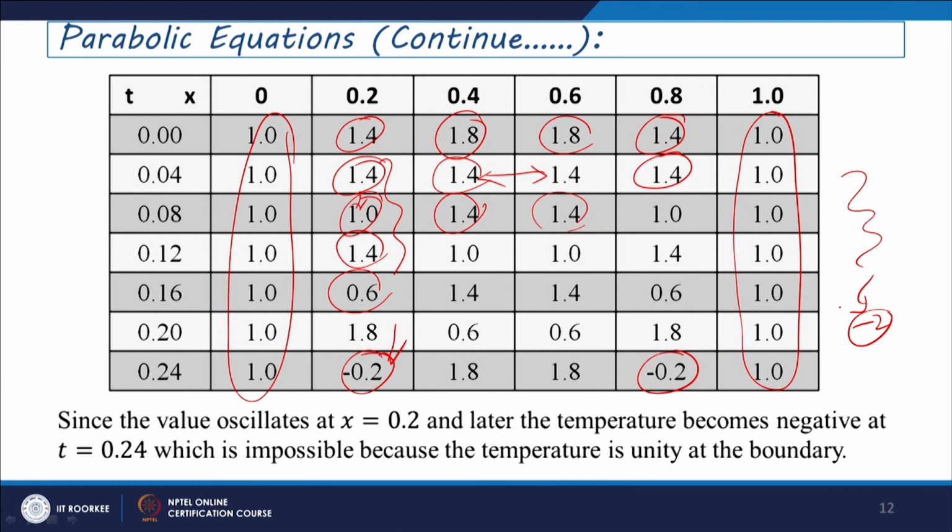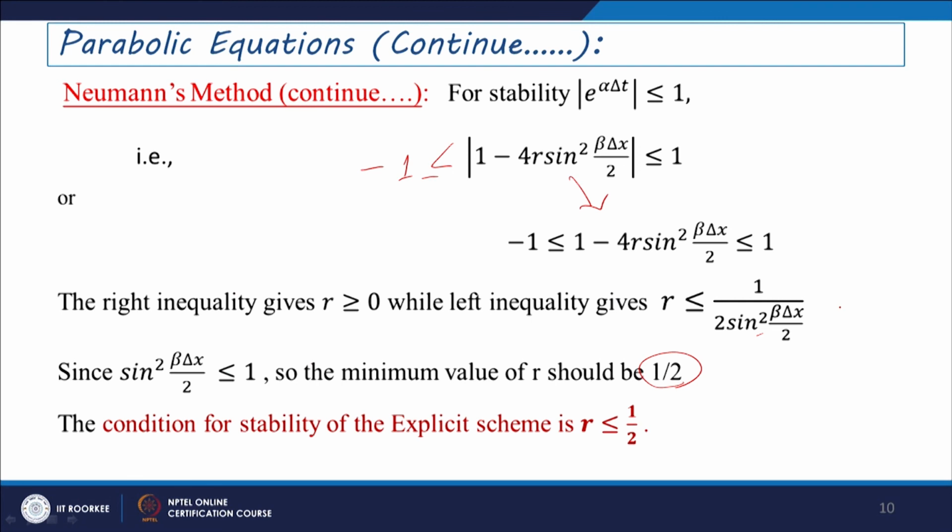That is why we have the statement that the value oscillates at x = 0.2 and later the temperature becomes negative at t = 0.24, which is impossible because the temperature is unity along the boundary. So in our condition, we are neglecting one of the inequalities in the first half.